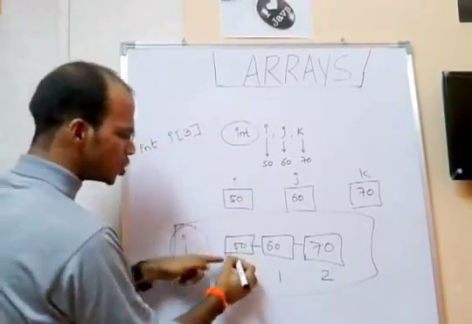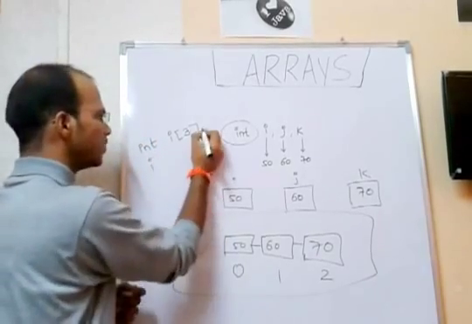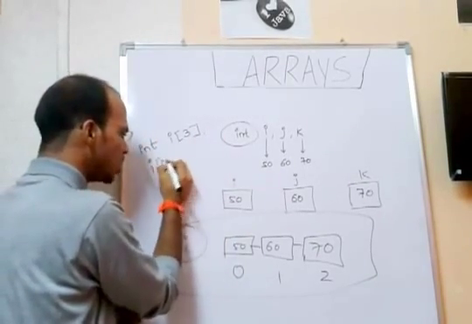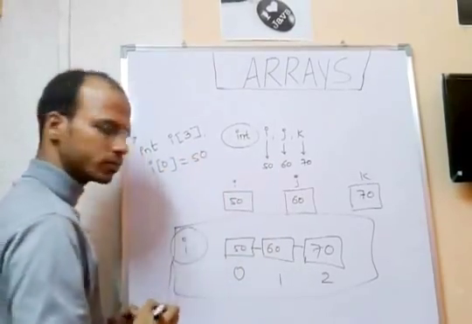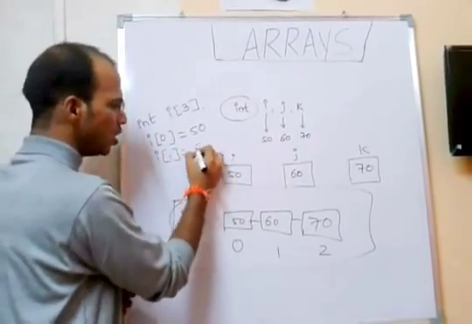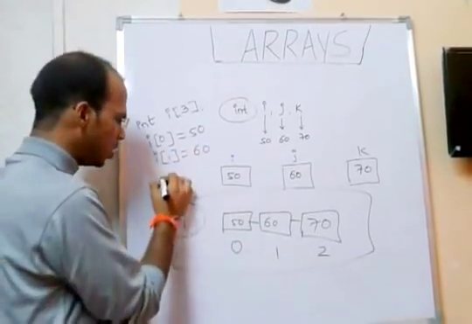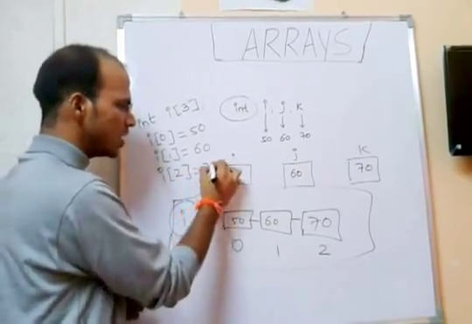If I want to store 50 in the 0th location, I can do it this way. It's I of 0, I am saving a value 50. In I of 1, I am saving a value of 60. In I of 2, I am saving a value 70.